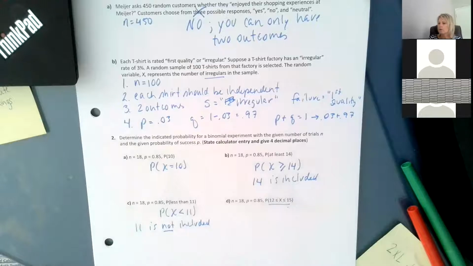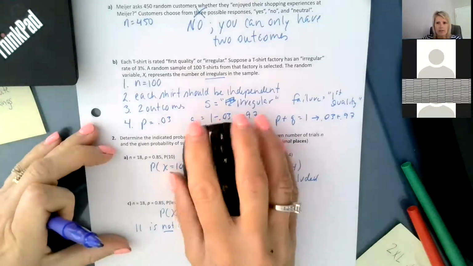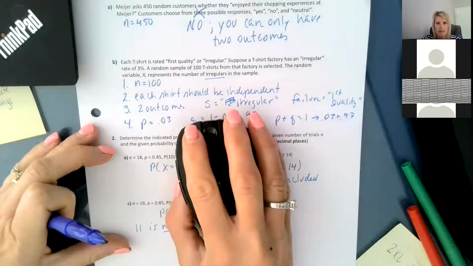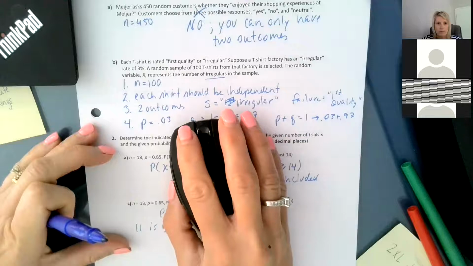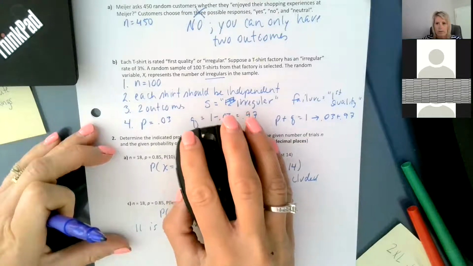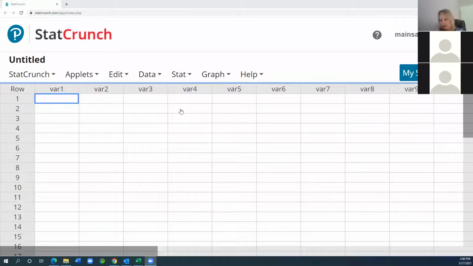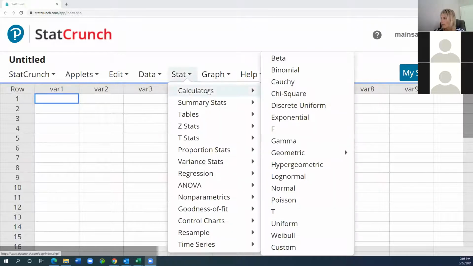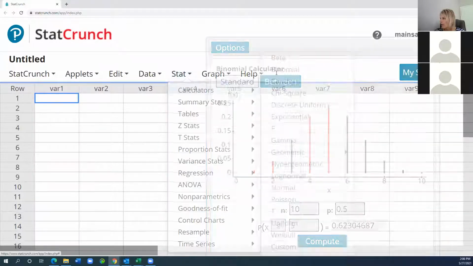So let's go to StatCrunch. I'm going to share that screen. Can we see my screen there? Like I mentioned, we're going to go to Stat, Calculators, and we're going to choose Binomial this time.